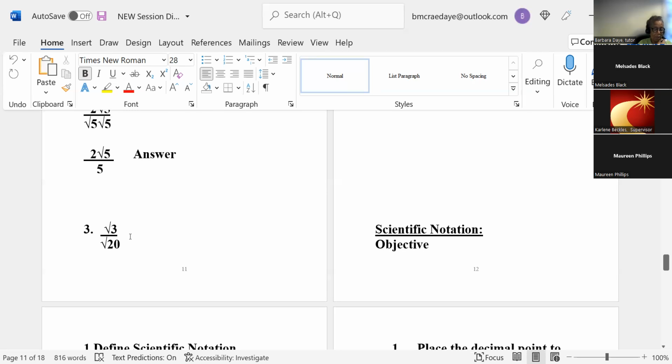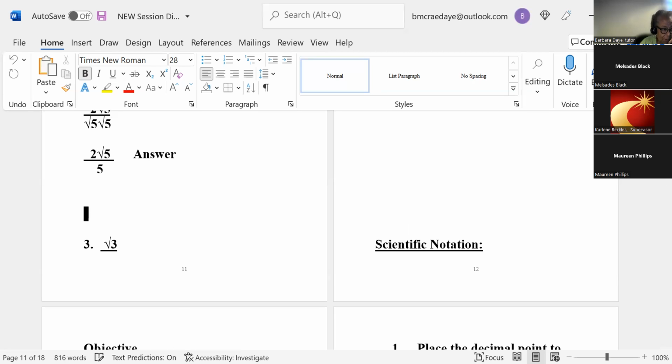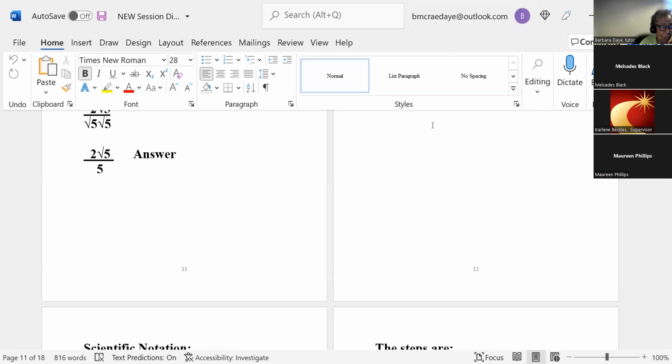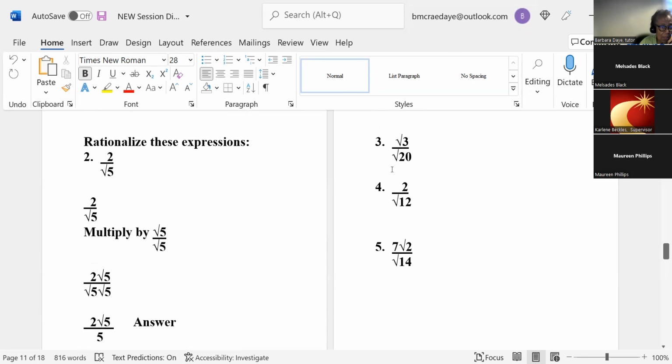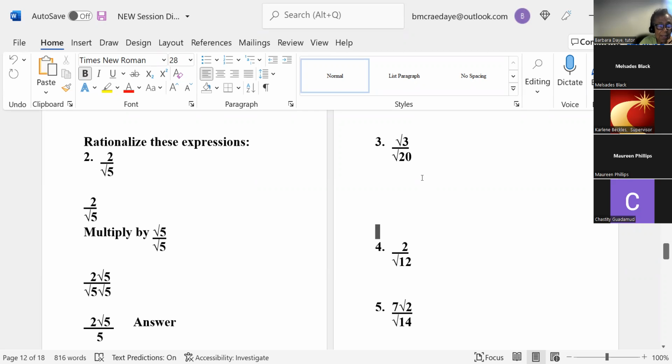Repeat it, please. Okay. For number 3, I want you to try this one, but this is one where you have to do some factoring before. So the square root of 20 factors into what, Mercedes? 4 and 5? That's right.